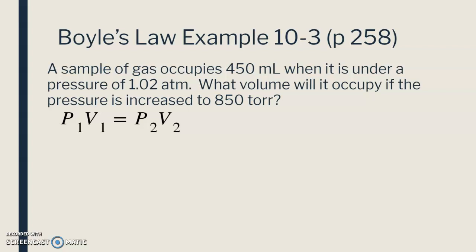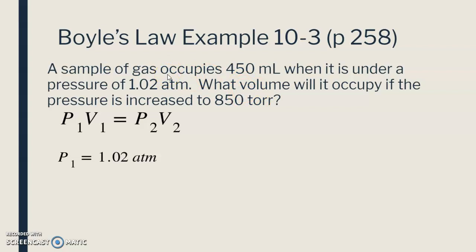So P1V1, now I have to identify my P1s and my V1s and all that kind of stuff. My initial pressure is taken from right here, which is 1.02 atmosphere. But I have a problem because I'm looking at it, and this is atmosphere, and this is torr. One or the other has to be converted. Whether I convert ATM to torr or torr to ATM, I must convert one to the other.